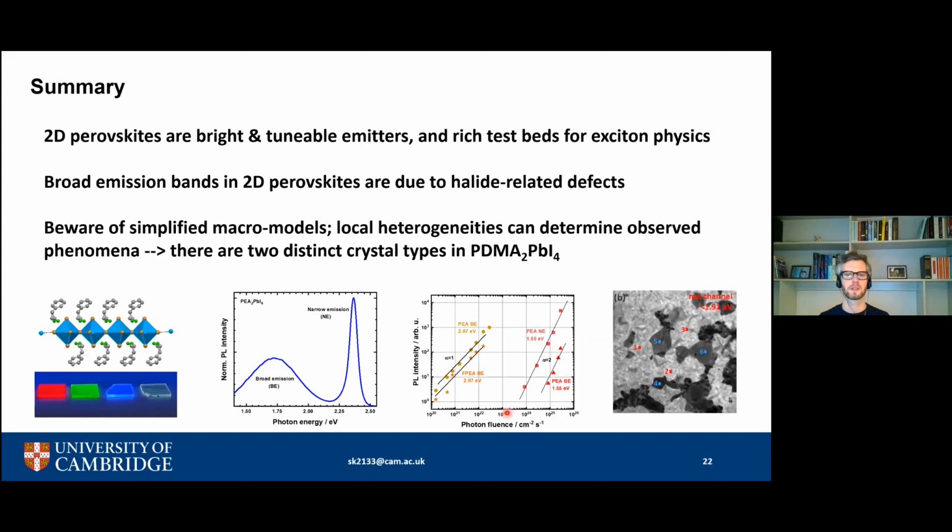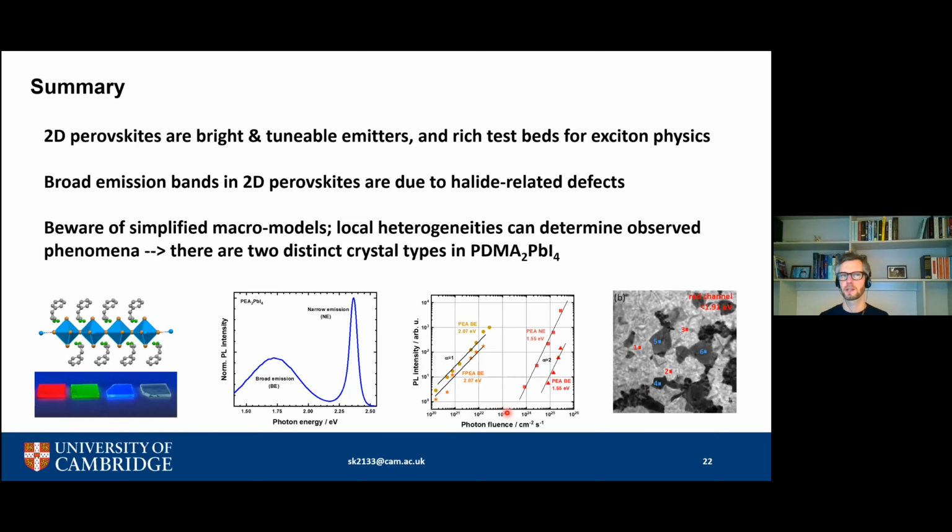Okay, let me summarize what I showed you in the last half hour. First of all, 2D perovskites are bright and tunable emitters. They are a rich test bed for excitonic physics. I think they're very interesting from a fundamental point of view, but obviously they can be used for a lot of different devices as well.